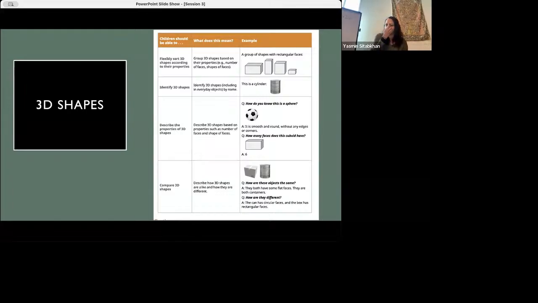Is it wrong if a child says a triangle has 5 sides? Nobody? I'm sure somebody can answer that. What would you do if a child said a triangle had 5 sides?